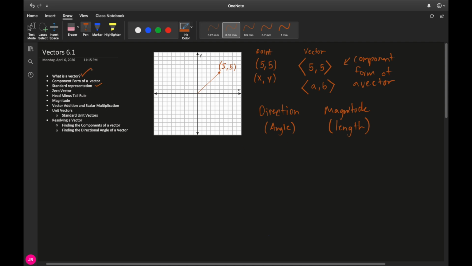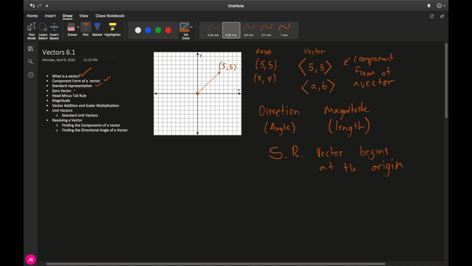So far we've gone over what is a vector, component form of a vector, which is this, and a standard representation. So standard representation means that the vector begins at the origin. And when I say begin, I mean that it's going to extend from the origin to some other point.